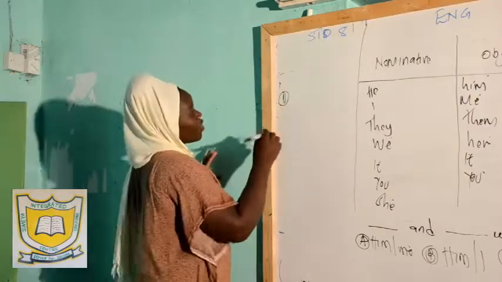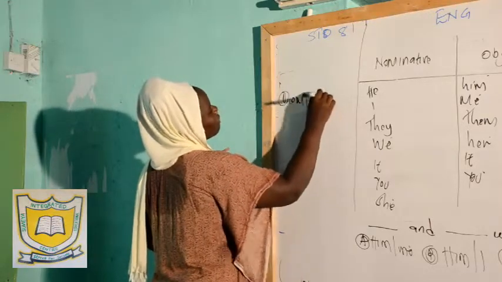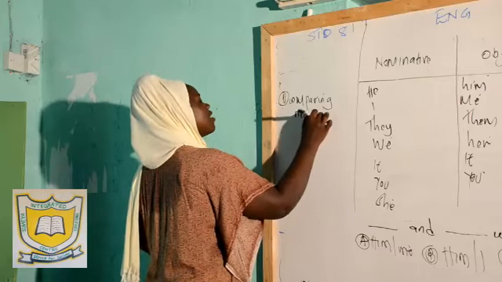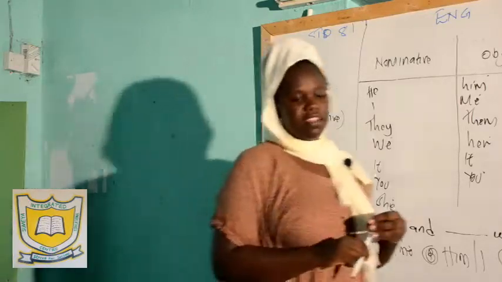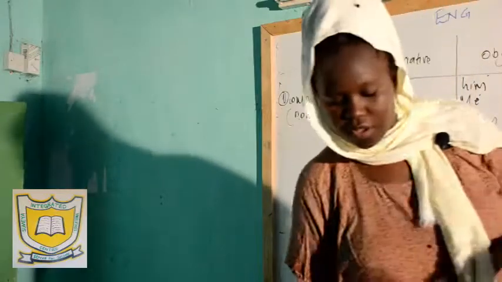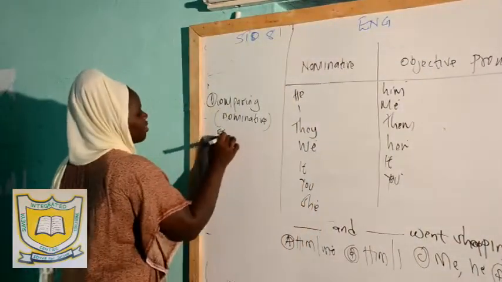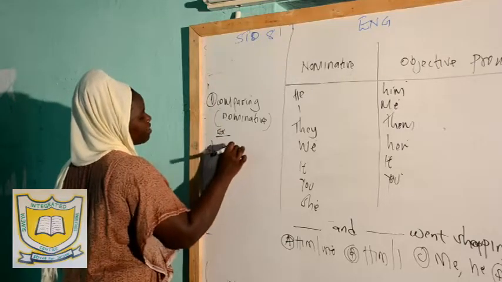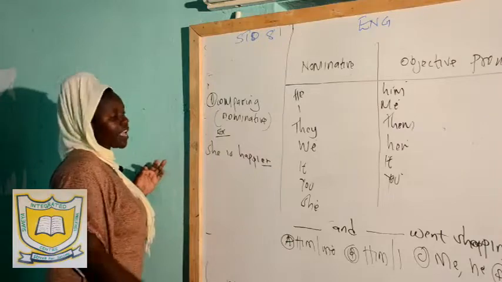One, when you are comparing, use nominative pronouns. Example in a sentence, you are going to say she is happier. ER form of the adjective.